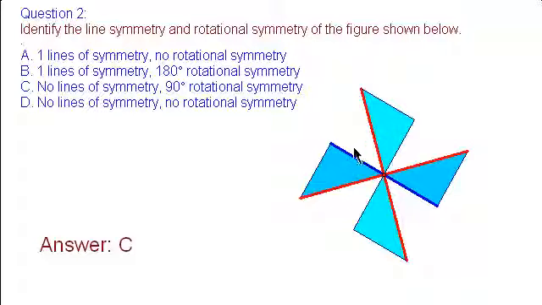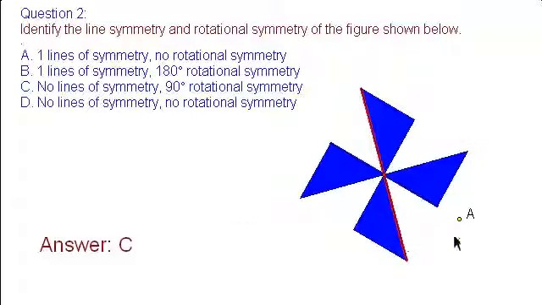So this blue line is also not the line of reflection. So these are not the lines of reflection. In this case, I could not find any line of reflection, so there is no line symmetry.